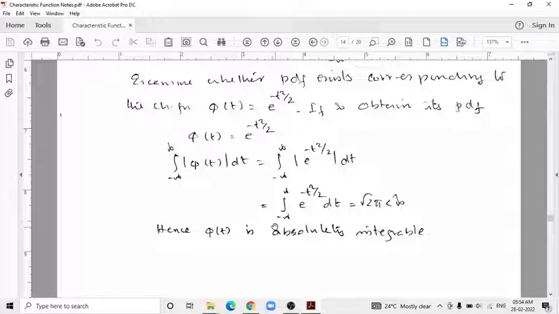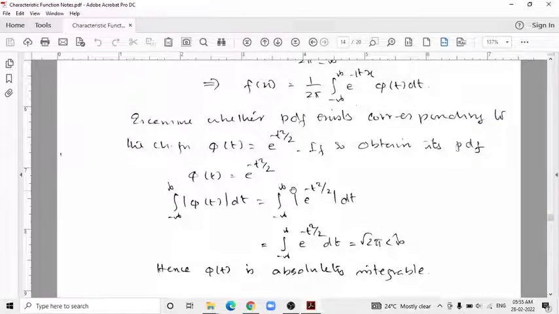So the density function we are getting using this corollary of inversion theorem must be the density function of standard normal distribution. In order to determine the density function from the characteristic function, we will consider the corollary of inversion theorem, that is known as inversion formula.